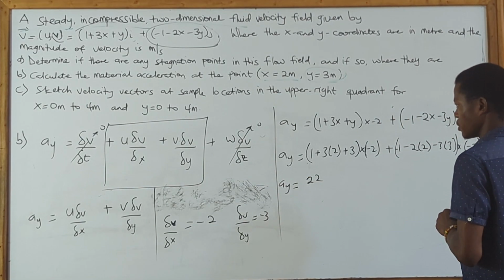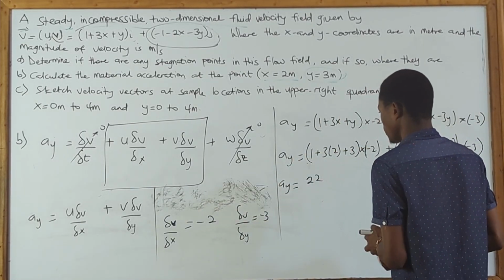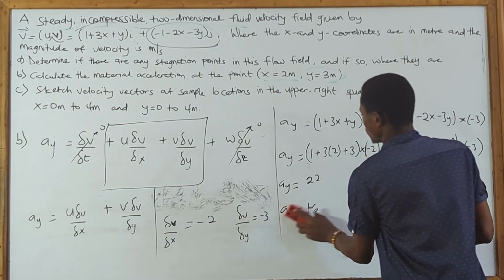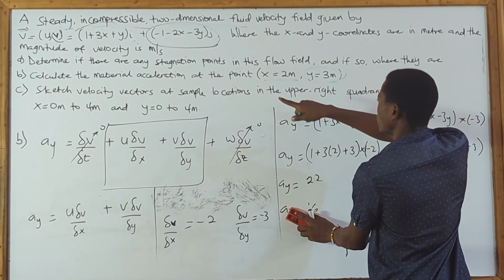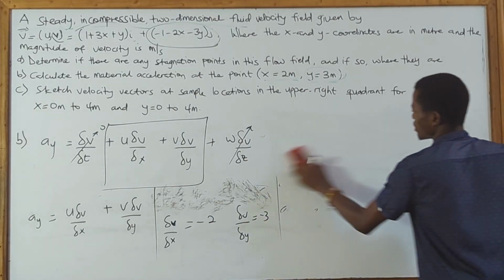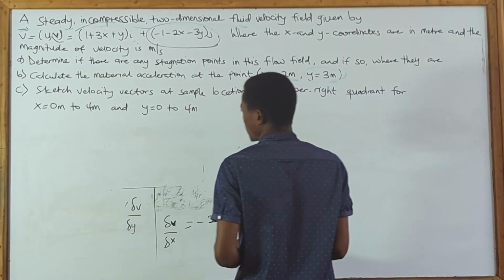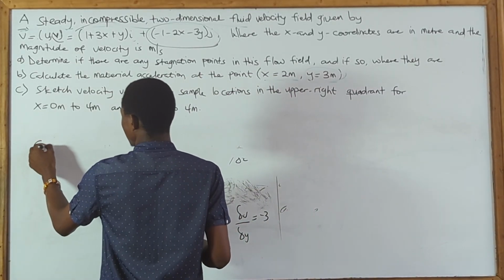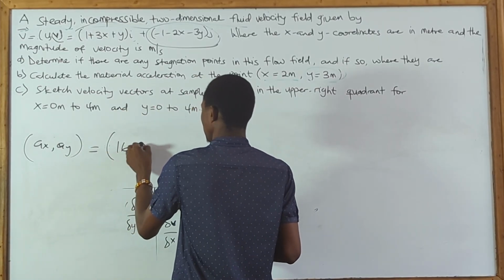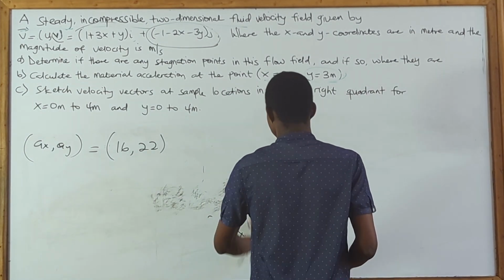We are going to get our ay to be equal to 22. So we have our ax to be 16 and our ay to be 22. So for the material acceleration at the x and the y points, you can write ax comma ay to be equal to 16, 22. So that's the answer for the second one.